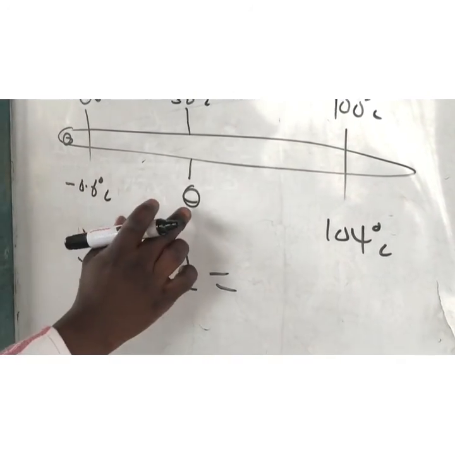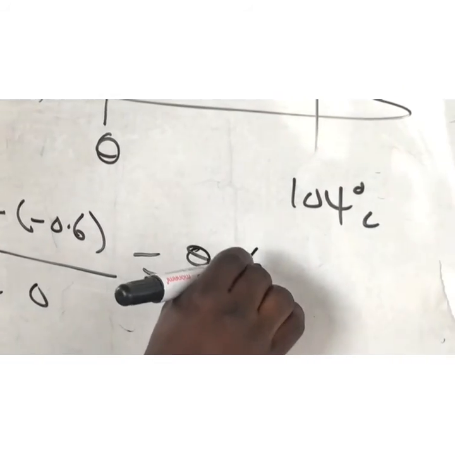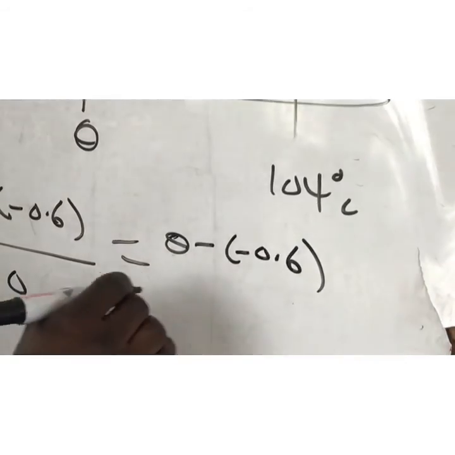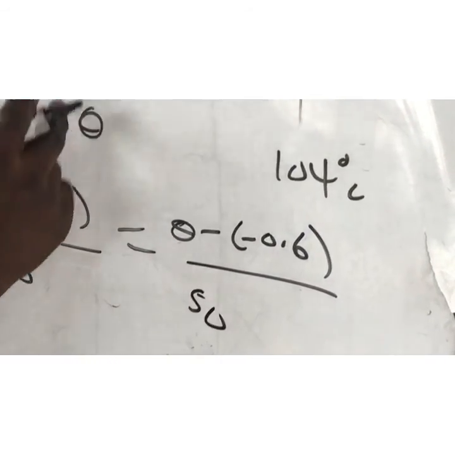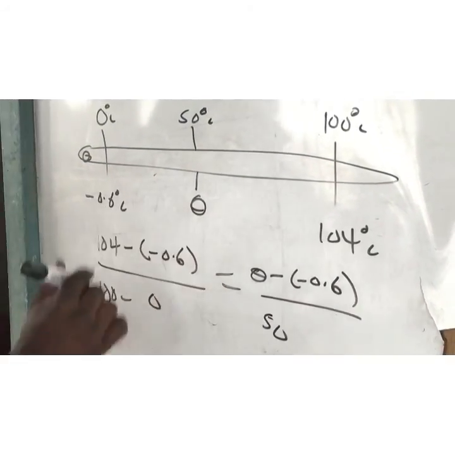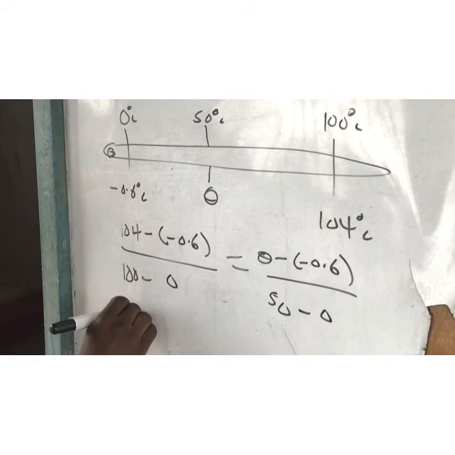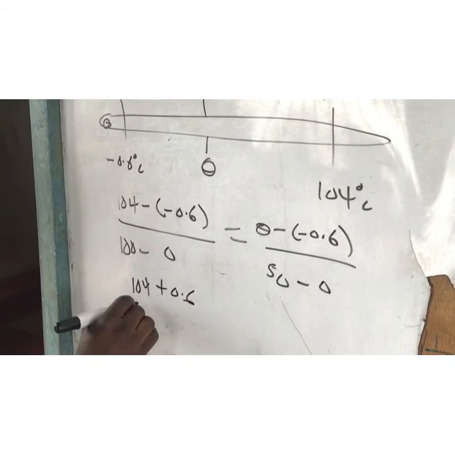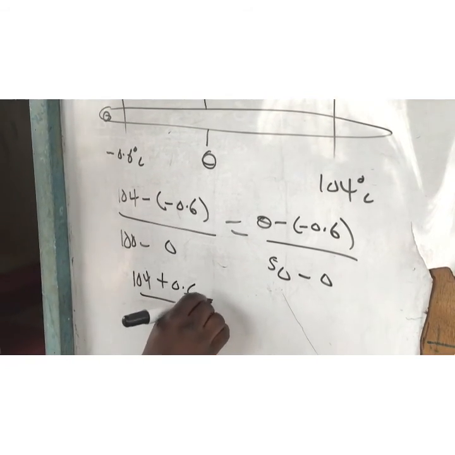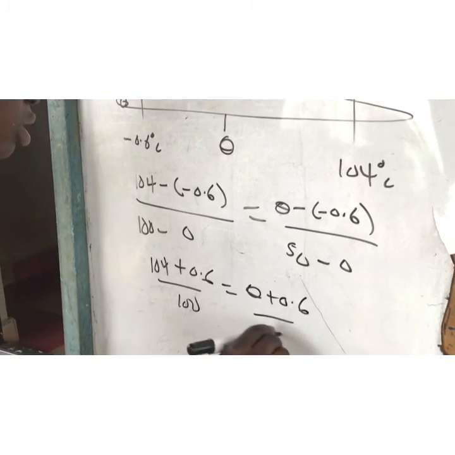So on the wrong scale, we are going to find difference again. So we start from the temperature we are looking for, theta minus negative 0.6, divided by this 50, because this 50 corresponds to this on the correct scale, minus 0. So here will be some integers. 104 plus 0.6 divided by 100 is equal to theta plus 0.6 divided by 50.